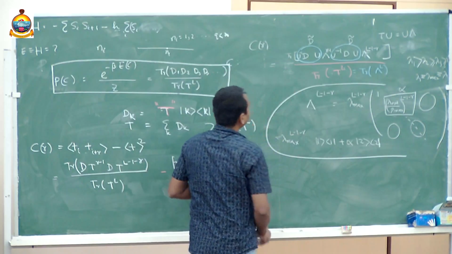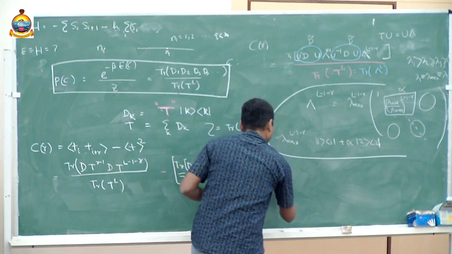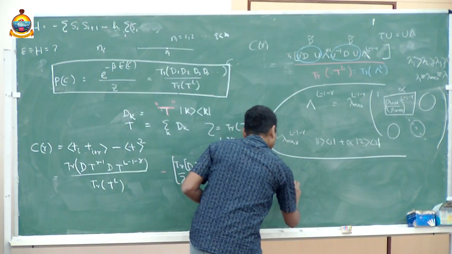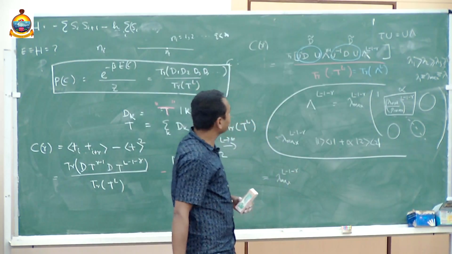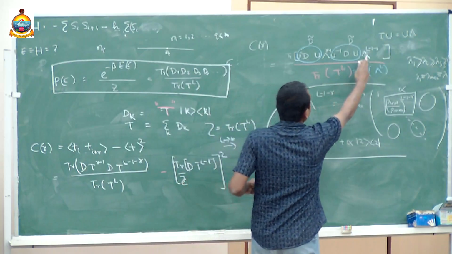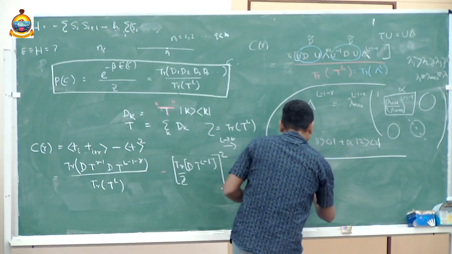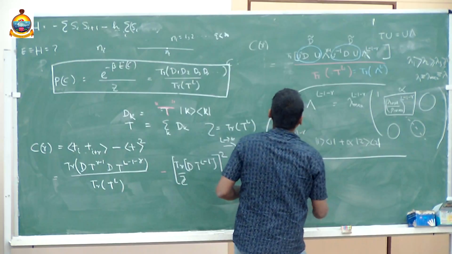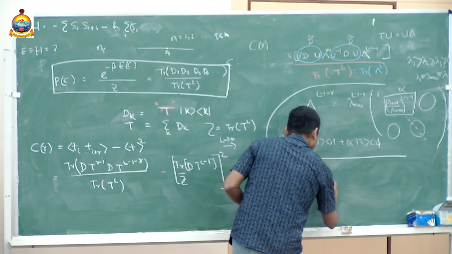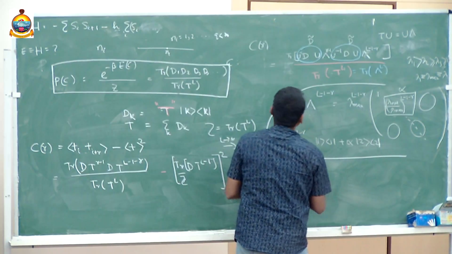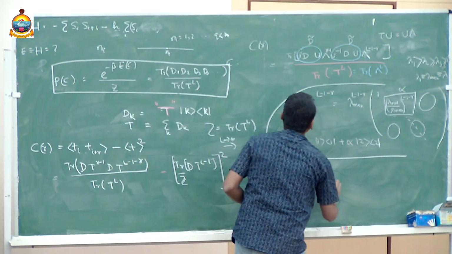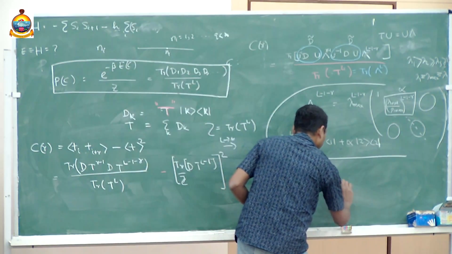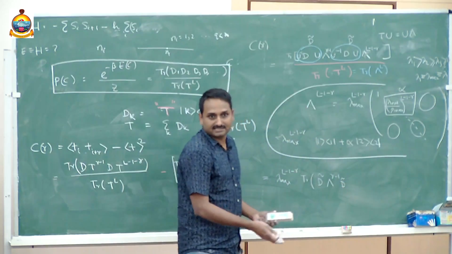So CR equal to, from here you get lambda max to the power L minus 1 minus R. And whatever it is written here, let me write it: trace of U inverse D, let us call it D tilde. I have a D tilde and lambda to the power R minus 1, again D tilde, in the eigen representation.